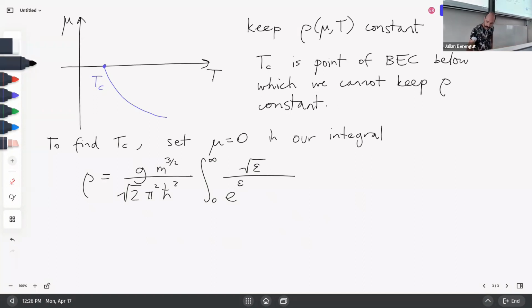So epsilon minus mu, mu is equal to 0. Oh my gosh, I'm so used to writing it. Epsilon over kT minus 1, d epsilon. Little transformation. Set x equals epsilon over kT. Then we have to take out a little factor.